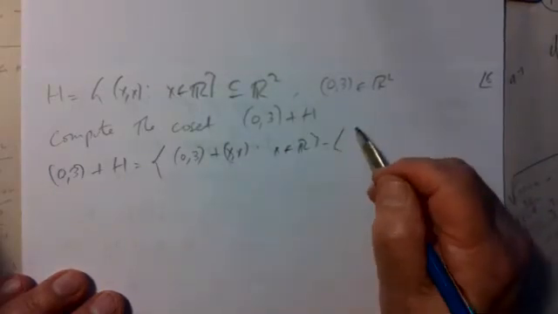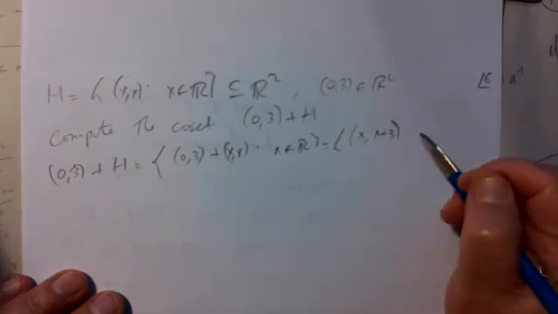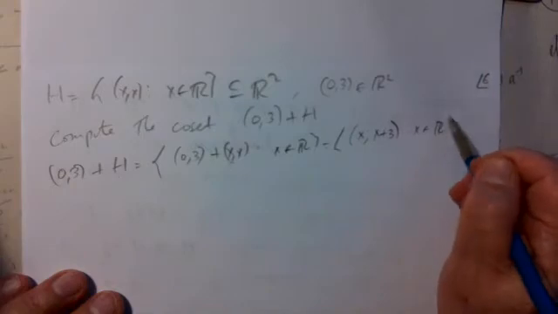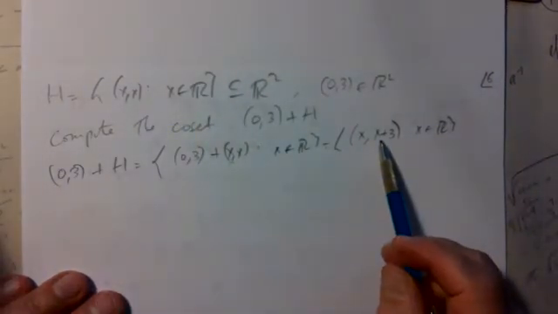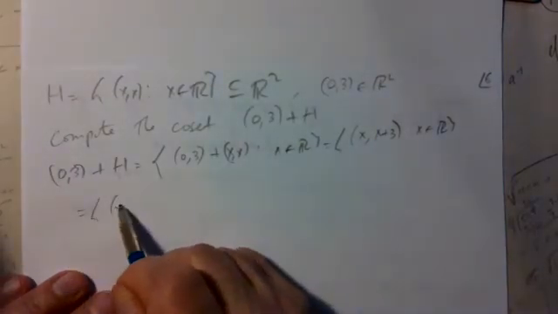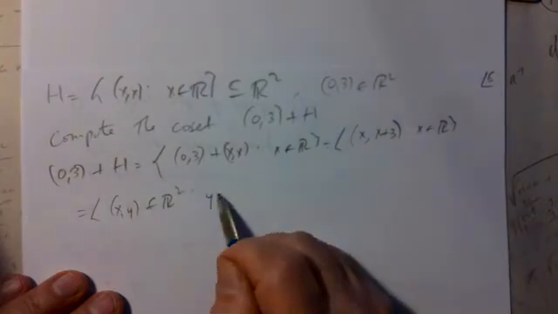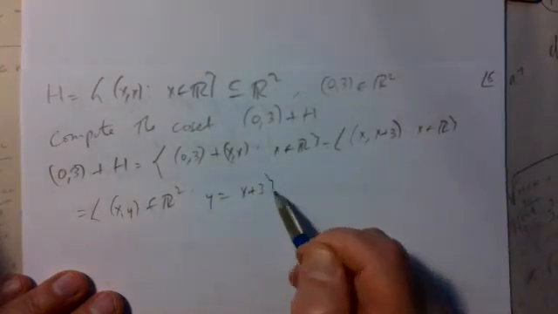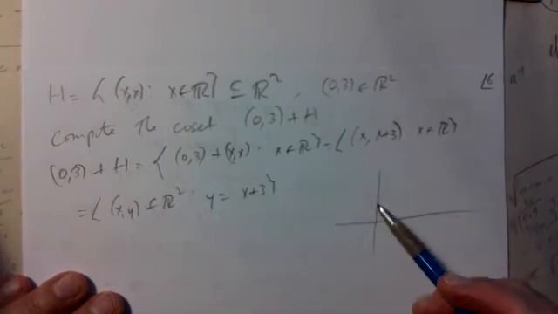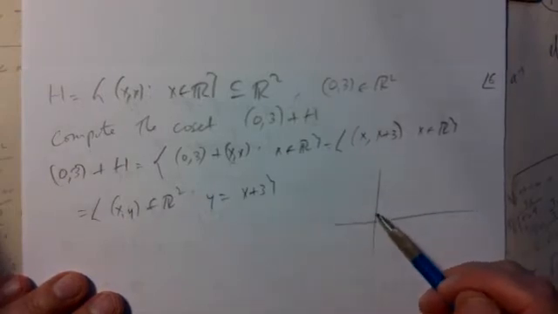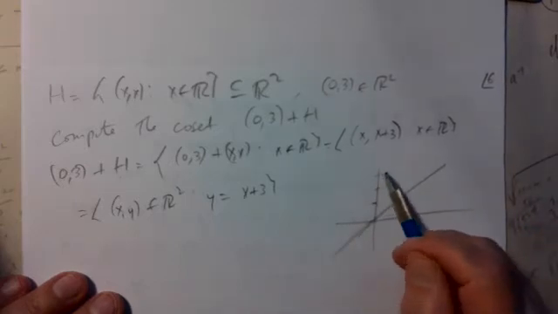And when you add these up, you get (x, x plus 3). What is that? This is all the points (x, y) in R2 where the y coordinate is x plus 3. Well, that's just the line y equals x plus 3.